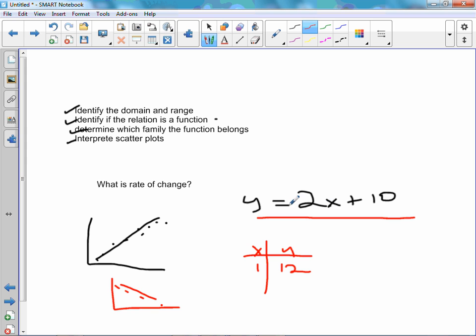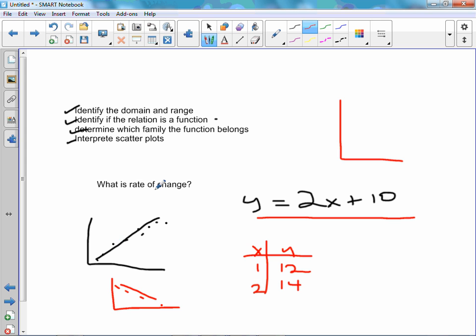If x was 2, that's 2 times 2 is 4, plus 10 is 14. So you would complete a table on the test. And there's also a graph, and of course you would just fill in the graph from the table.